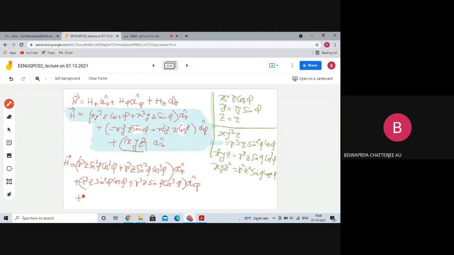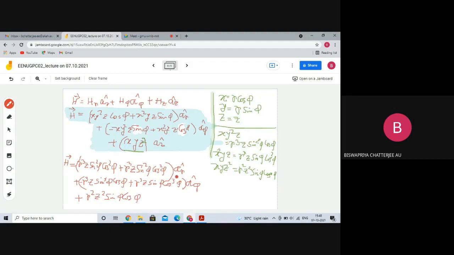So x y z square will be r square z square sin phi cos phi. So this is the complete term.